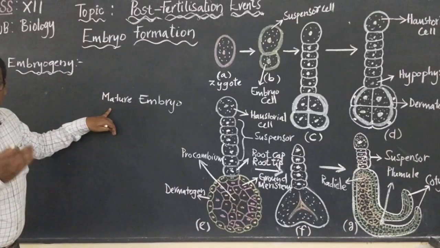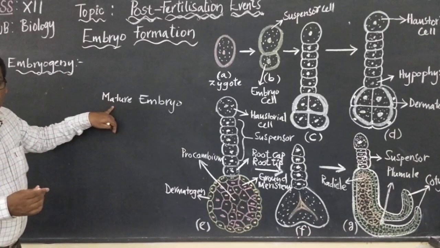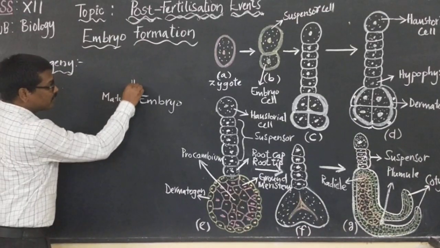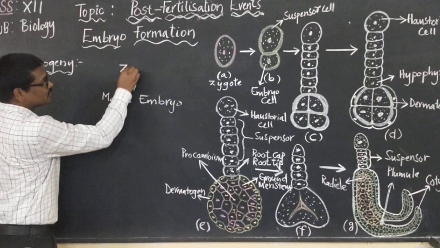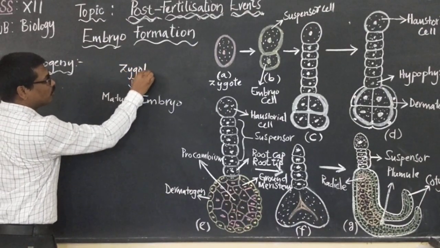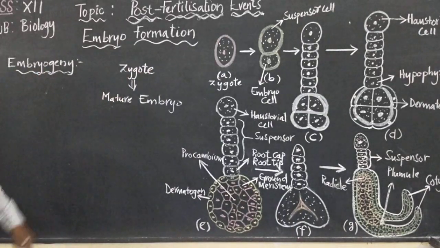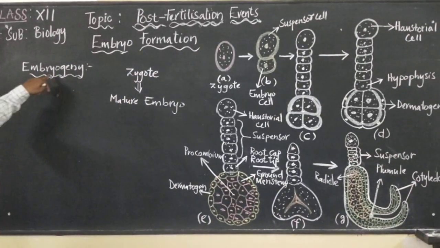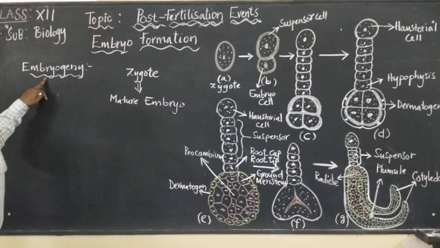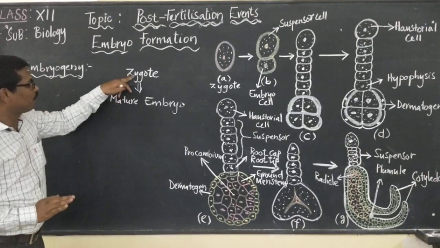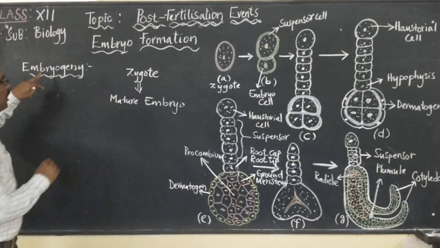The process of formation of a mature embryo from the zygote is called embryogeny.